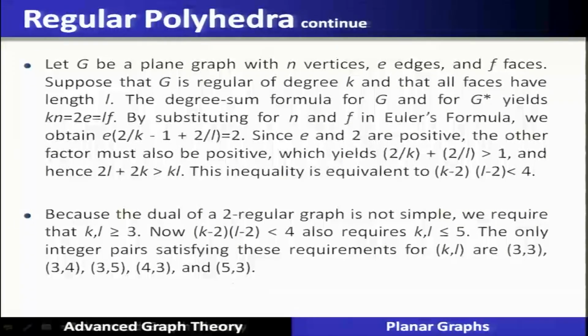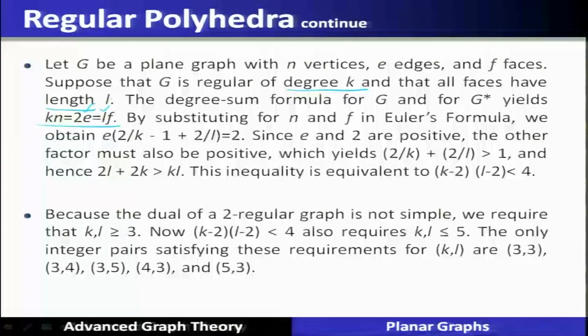Suppose G is a regular graph of degree k and that all the faces have length L. If we apply the degree sum formula for G and for the dual, k times n is the degree sum, which is twice the number of edges, and since all the faces have length L and there are F faces, it is also L times F.